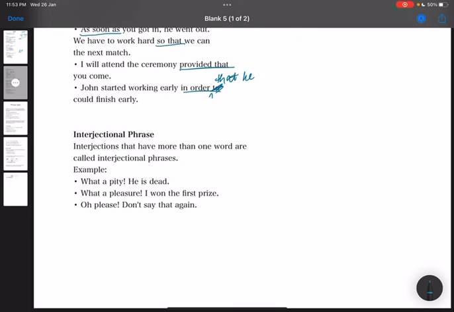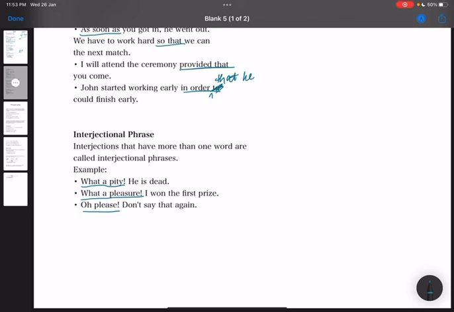And the last one, as compared to the last parts of speech as well, interjection. So interjectional phrase can be regarded as interjections that have more than one word are called interjectional phrases. Now we know that interjections are merely a word, right? Like alas, hooray, yippee. Now we have, of course, we need some other words like what a pity, what a pleasure, oh please.